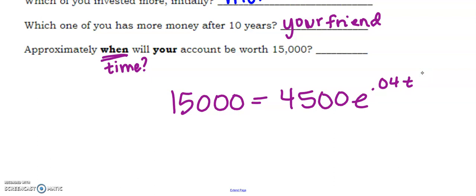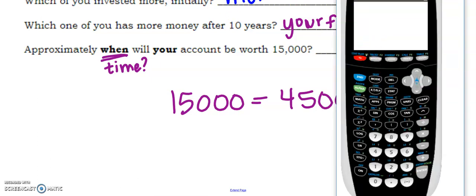This is the one where we're going to use our graphing calculator to do a little bit of work. We're going to go to our y equals and make sure nothing is typed in. We're going to let y1 be equal to 15,000. We're going to let y2 be equal to 4,500 e to the 0.04. Remember t, we're just going to use x.